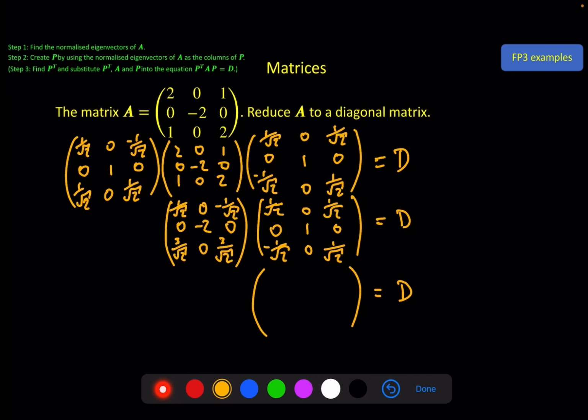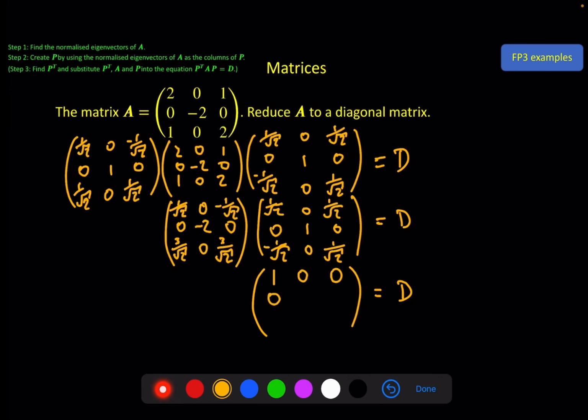A final multiplication gives me 1 over 2, 0 plus 1 over 2, that's 2 over 2, which is a 1. I get 0, 0, 0. 1 over 2, 0 minus 1 over 2, so that's 0, that's good. Remember, this is a diagonal matrix. 0, 0, 0.